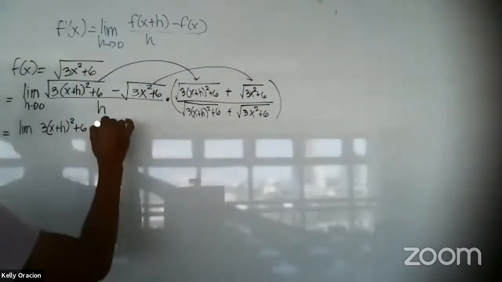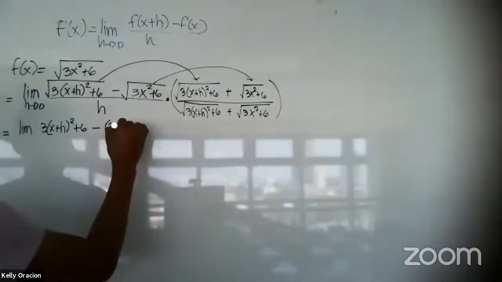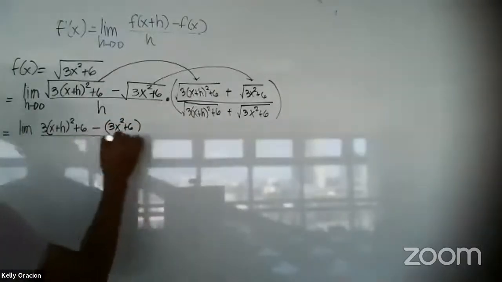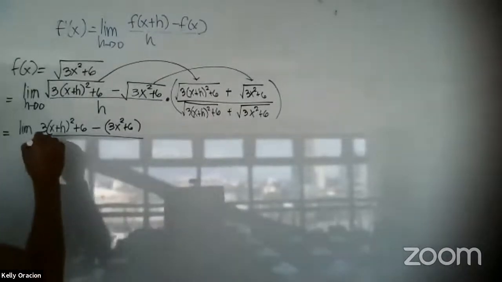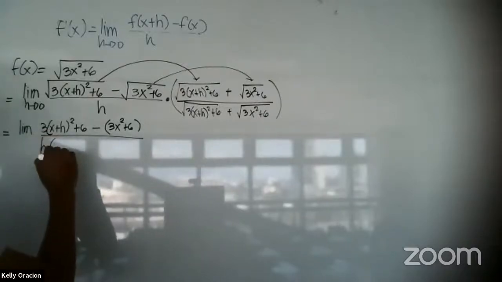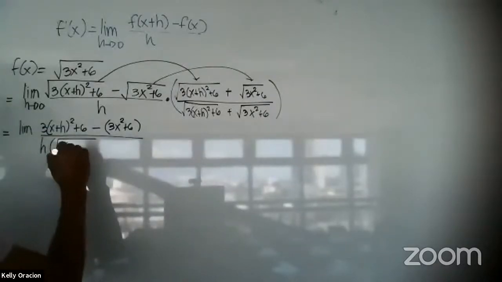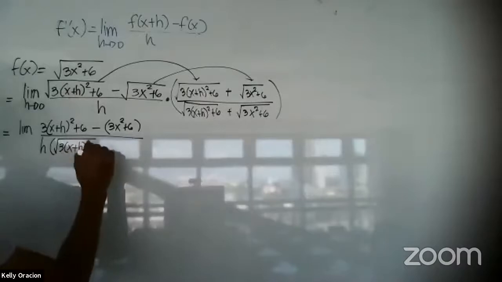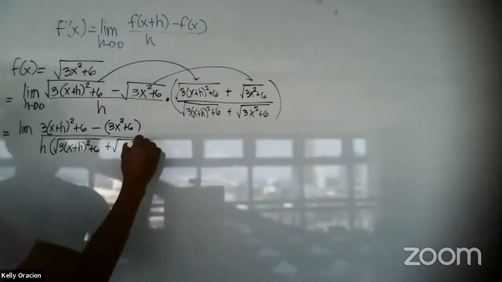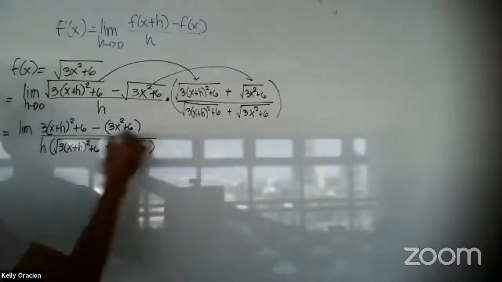Don't forget to put parentheses. 3x squared plus 6 over your denominator. Your denominator magiging h times square root of 3 times x plus h squared plus 6 plus square root of 3x squared plus 6 as h approaches 0.